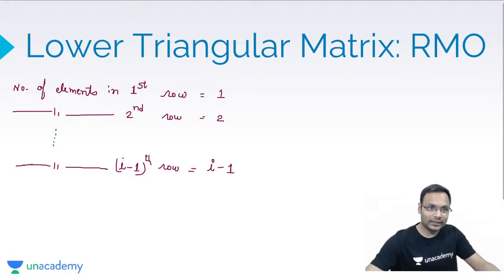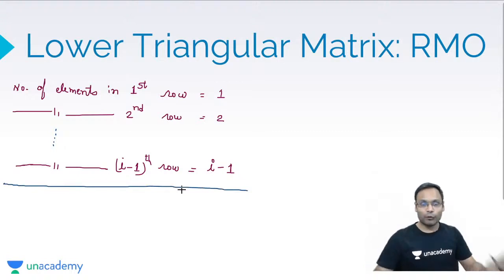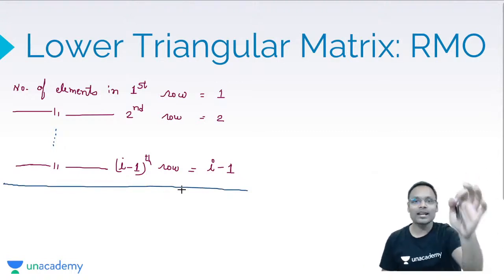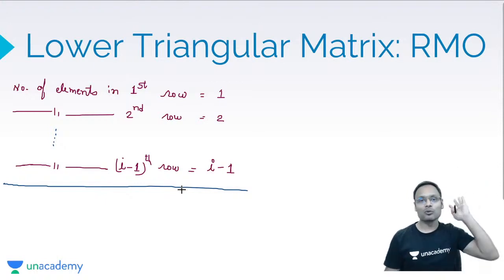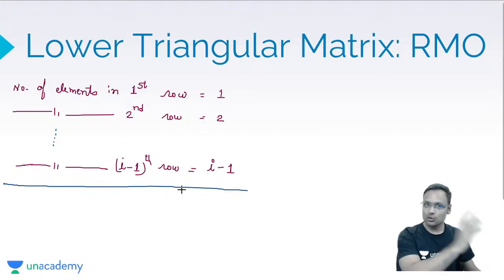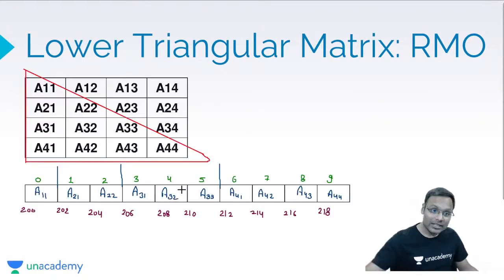If that is the case, then first row, second row, third row, fourth row, up to I minus 1 row, all the rows you have stored. First stored, second stored, third stored, fourth stored, up to I minus 1 row stored. Why? Just because I am checking an element of the ith row.